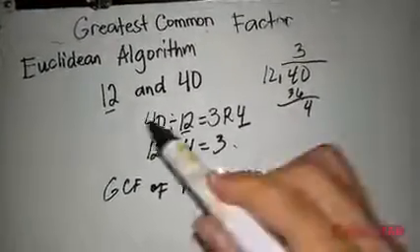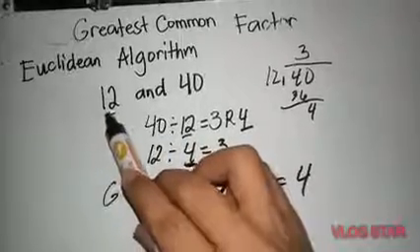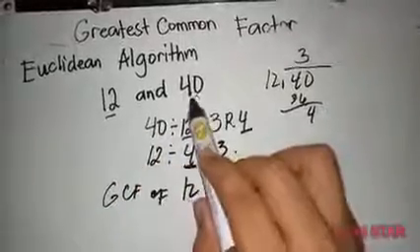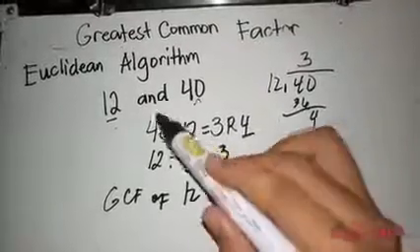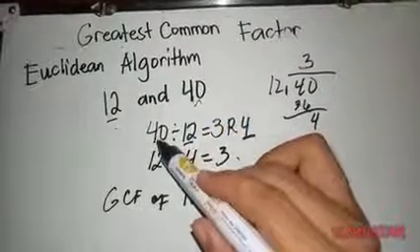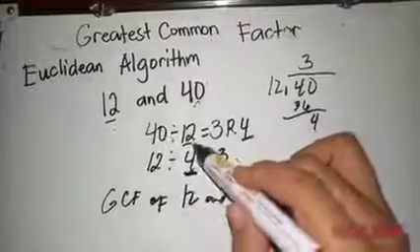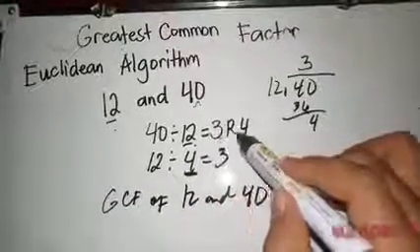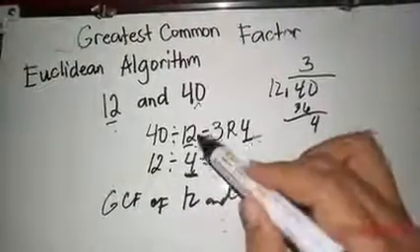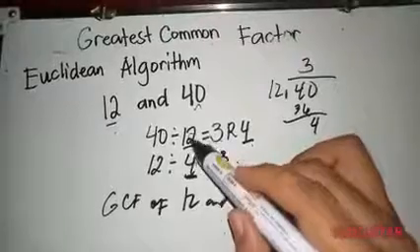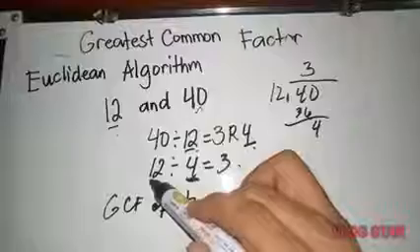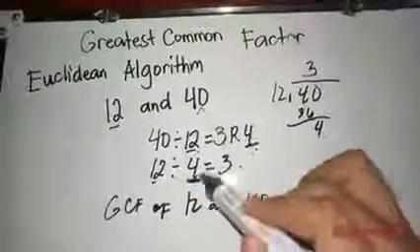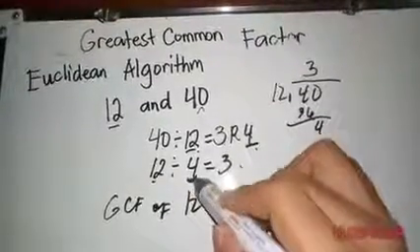I will repeat the process. We have two numbers. The lesser number serves as the divisor, and the other one is the dividend. So 40 divided by 12, the answer is 3, remainder 4. In the second step, use the divisor in the first step as the dividend and the remainder as the divisor.